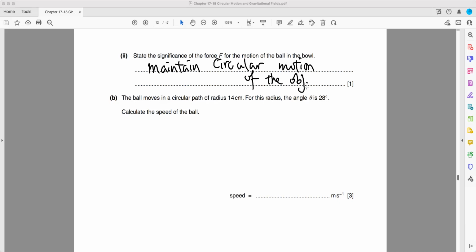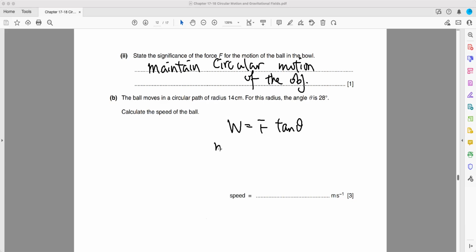The last one. So the ball moves with a radius of 14 cm and the angle is 28 degrees. Find the speed of the ball. Now, you have derived that formula. Find the speed. So F is the resultant force, that is ma.